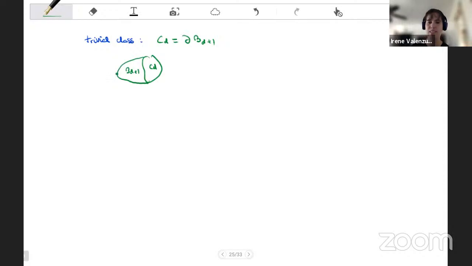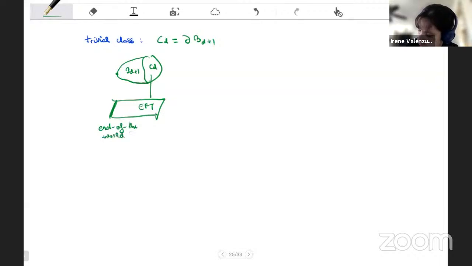That's why it's a boundary by itself. Now, from the perspective of the effective field theory, what happens is that the effective field theory is ending. So here, this domain wall corresponds to what we call an end of the world brane.